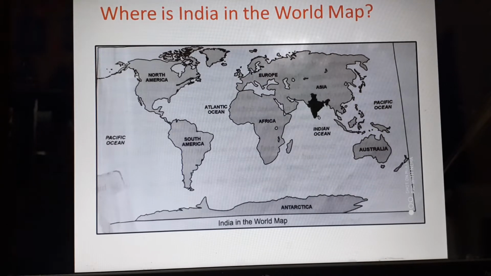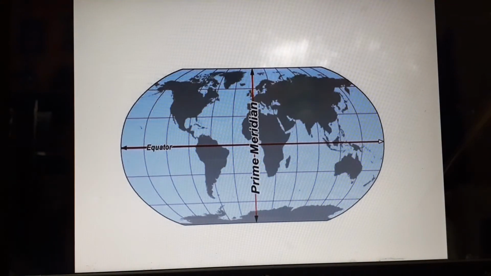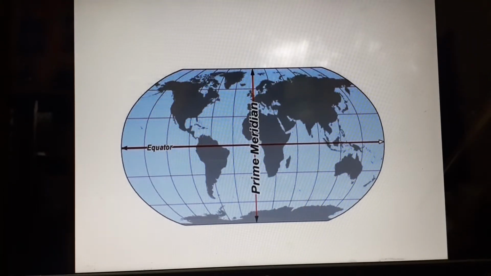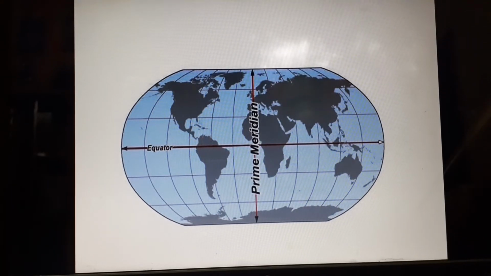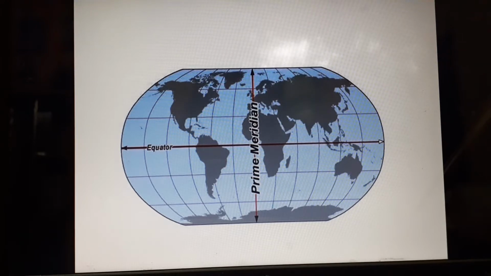Let's locate India more precisely. If you look at the world map, you can see that India is located in the northern hemisphere. What do you mean by the northern hemisphere? So, the entire earth is more or less in the shape of a sphere.